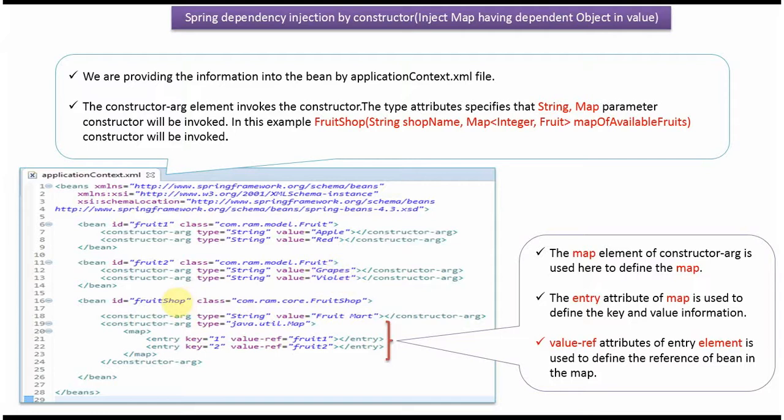For the fruitShop object, shop name should be fruit mart, and map of available fruits should contain two key value pairs. The first key value pair key is 1 and value is fruit1, and the second key value pair key is 2 and value is fruit2.